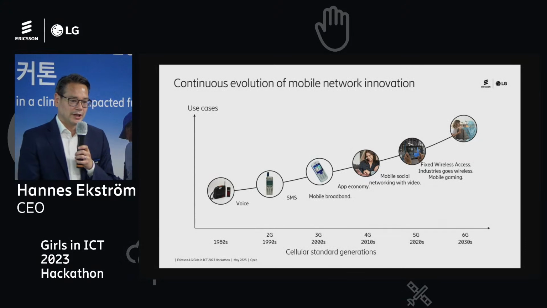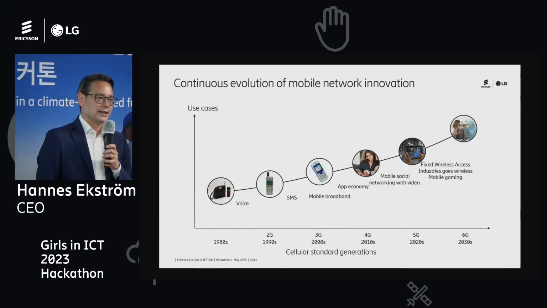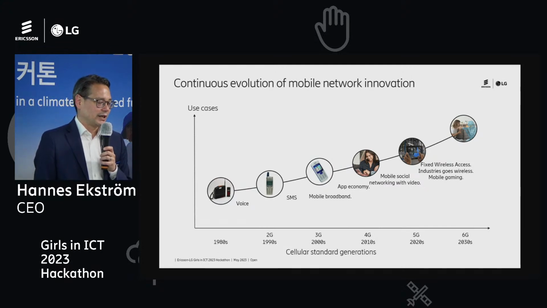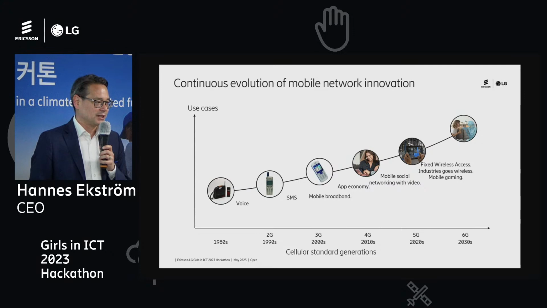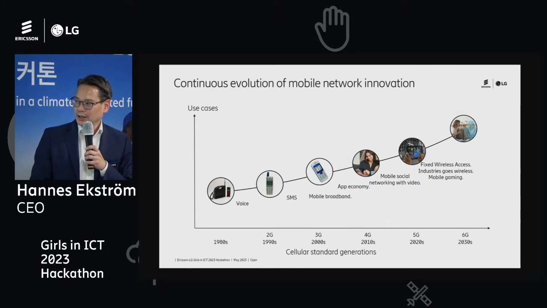Good. If we go into a little bit more of the modern part of the history, this is now the mobile telephony era. We are now in the 5th generation of mobile telephony. In the 1980s, we started with voice: the GSM systems, then AMPS systems. We went on to GSM in 2G, which added SMS, then mobile broadband with 3G.